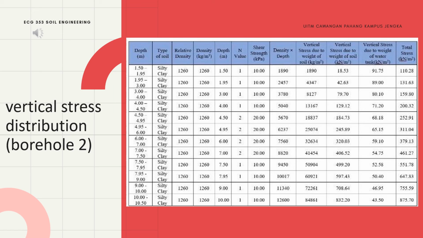The second table for borehole 2 is to determine the value of total stress at certain depths until 10 meter. The calculation and the formula are the same as the previous table. We use the same method.